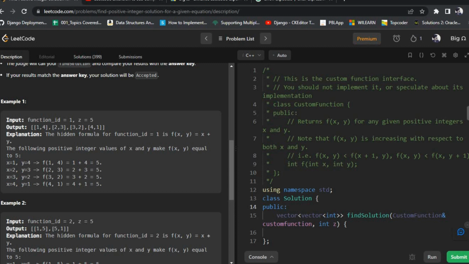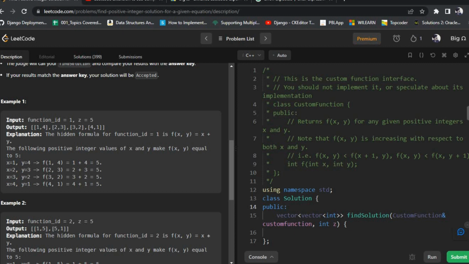Here, we send values one by one from 1 up to some limit for x or y, which we will decide later in the video. It says the following positive integer values of x and y make f(x, y) equal to 5.